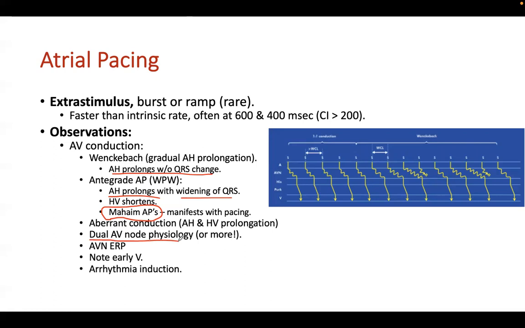And then when you A-pace or when you see sinus rhythm, you always want to take note of your V and where is the earliest V. If you see V that's very early somewhere, then this might be a hint that there is an accessory communication or abnormal communication at that site. Okay, questions, guys? No? Okay.